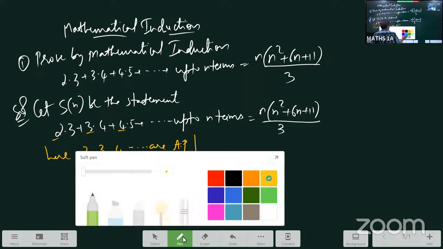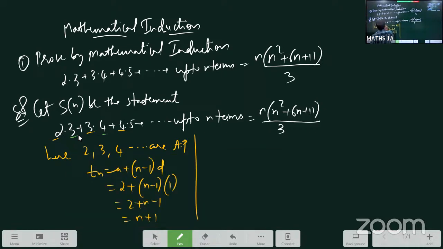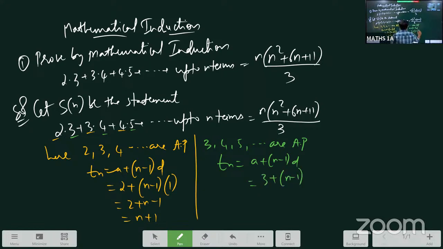Is it clear? The second terms of the products are 3, 4, 5. So 3, 4, 5 are in AP, that is, Tn is a plus n minus 1 into d. They are in arithmetic progression, that is 3 plus n minus 1 into, again, common difference is 1 only.